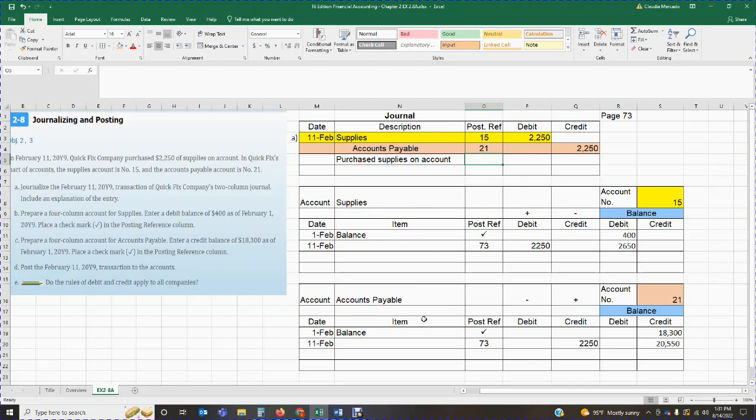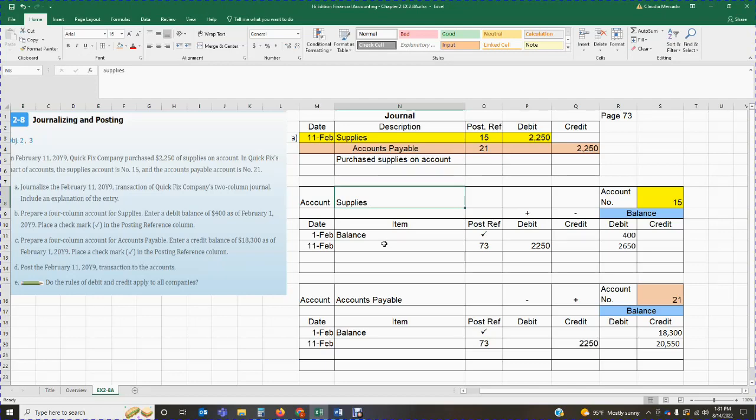The key to understanding this is to know the normal balances of your accounts. You need to go back and learn the normal balances of your accounts. That way you know whether a debit increases or decreases it. So you must know what kind of an account supplies is. Supplies is an asset. Then you go back to your diagram that shows you the normal balances of your accounts.